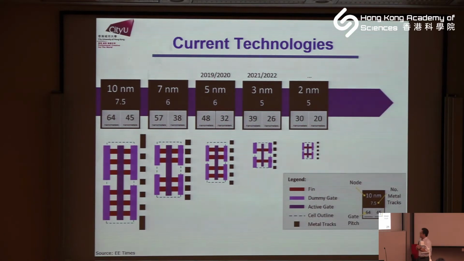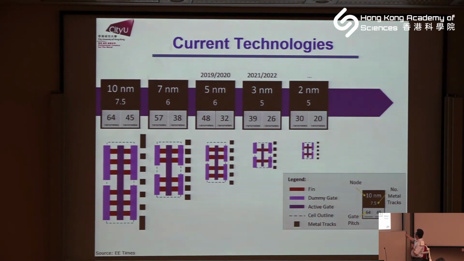But if we go back to 5 nanometer, what is so special? The special part is the numbers right there. This number means the number of metal tracks. The red color is the fin, so those are the silicon. And the tracks use the black color, so those are the metal tracks. That means we need to use the metal to control the device on and off, right? If we think about those two numbers, they are the gate pitch and the metal pitch.